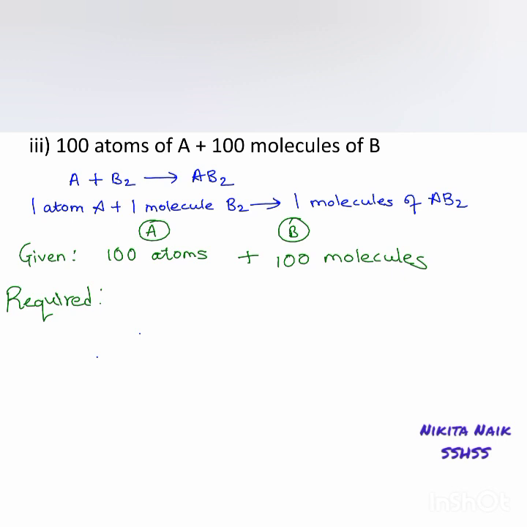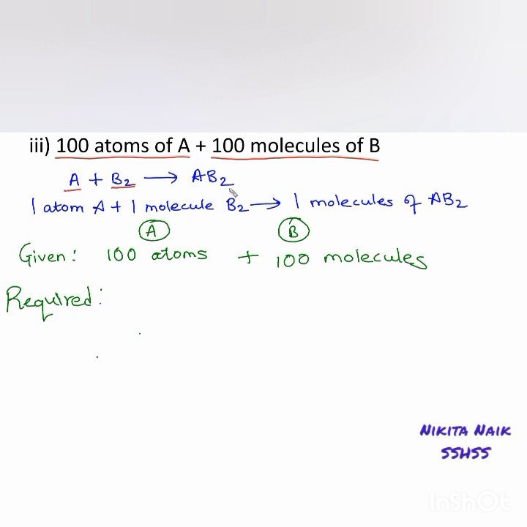In the third part, what is given to us is 100 atoms of A plus 100 molecules of B. Again the general reaction is A plus B2 giving us AB2. In terms of atoms, this will be 1 atom of A combining with 1 molecule of B2 giving 1 molecule of AB2.